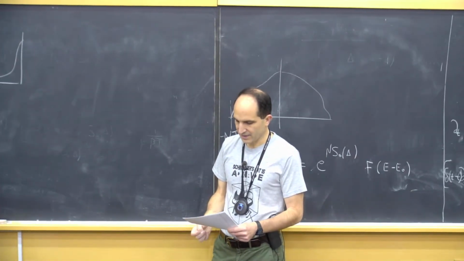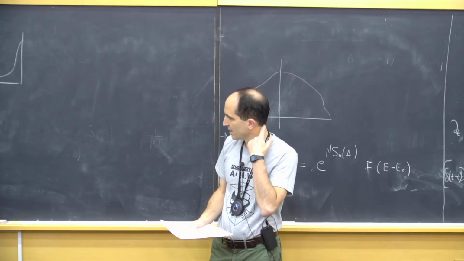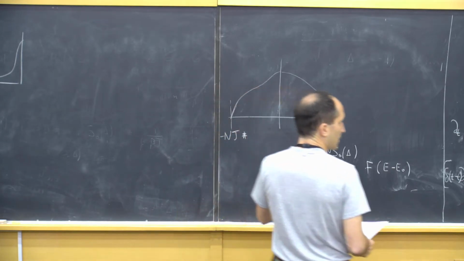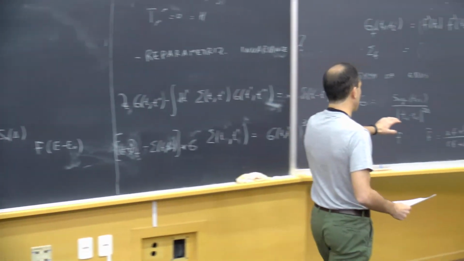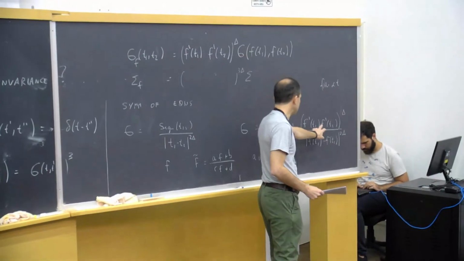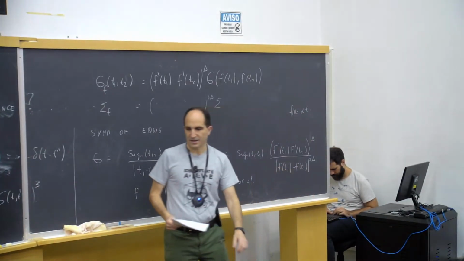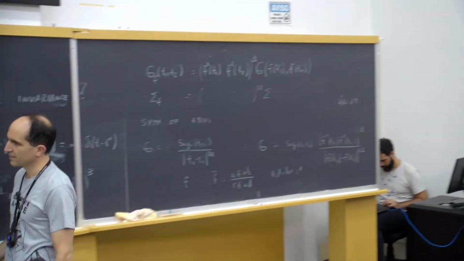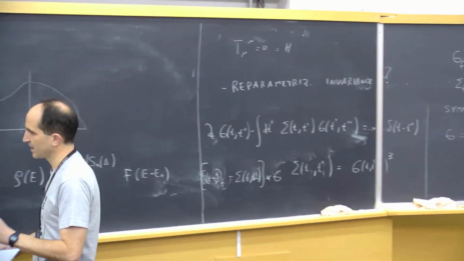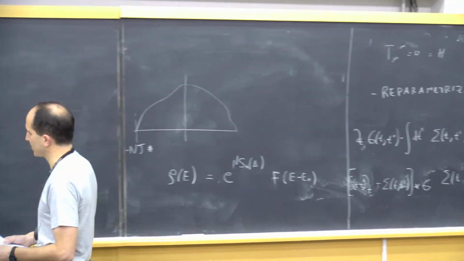So it's reasonable to think that even though when we put this into the action, we have these functions which are functions of two times, the terms that actually depend on f will be terms that depend only on one time and will be local terms.